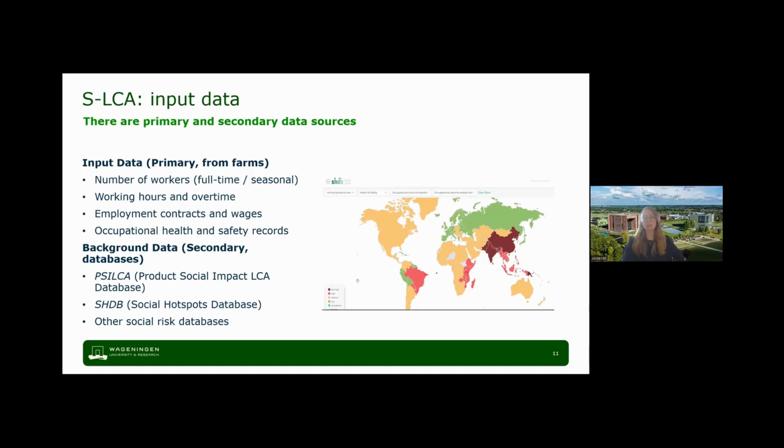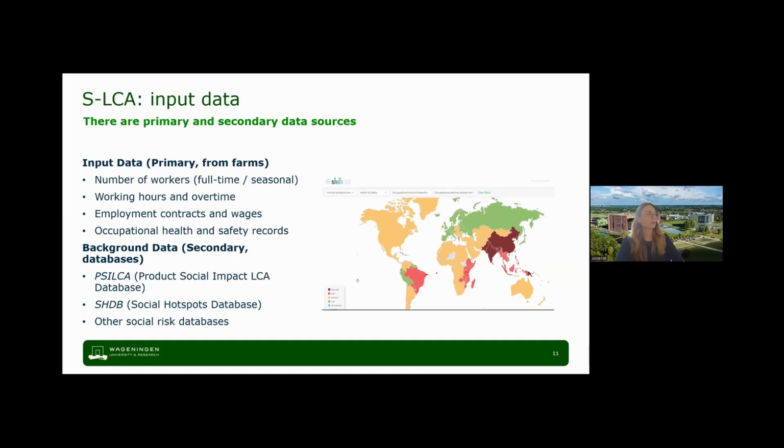Also topics like animal welfare can be considered, indigenous people's rights. It's very broad, these social impacts. So in total, there are 40 social topics, but it depends usually on the study and the geographical focus area, what are the topics to take into account.